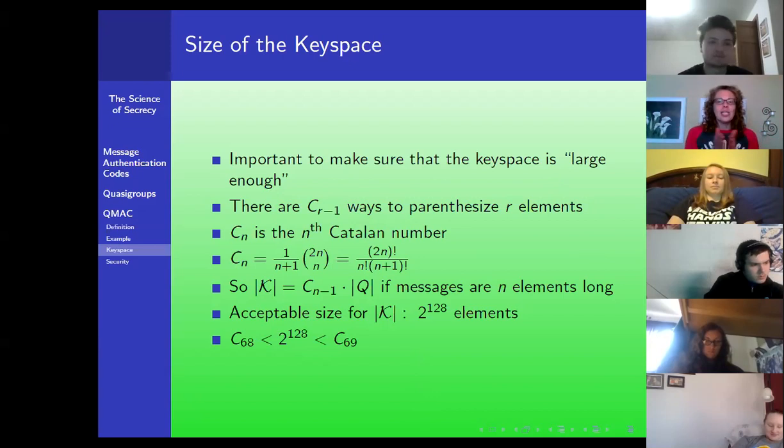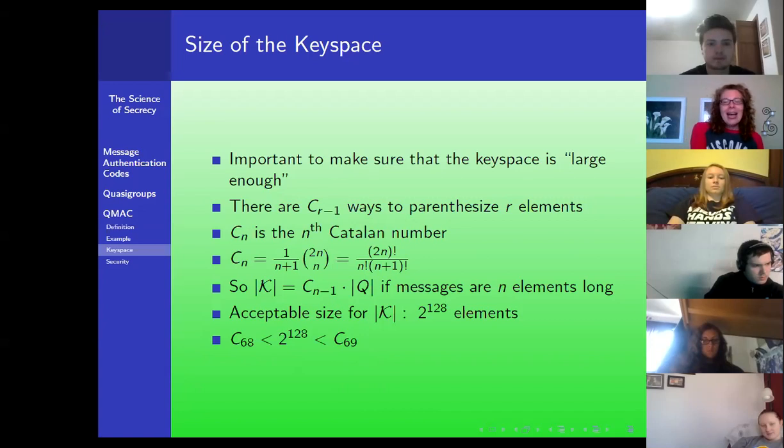You don't really need your blocks to be 68 or 69 characters long, because you've also, once again, got this extra multiplier for the secret element that we are using to replace innermost multiplications. But these would be a minimum for block sizes 15 years ago. Not sure what it is today.